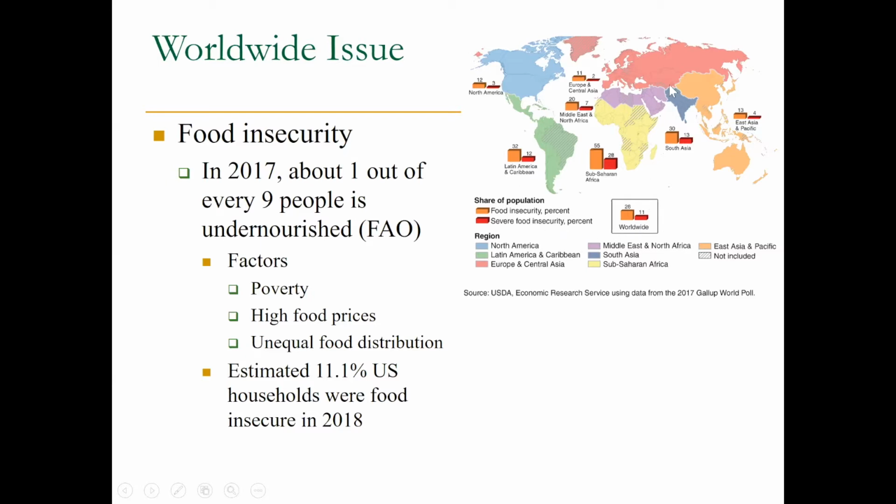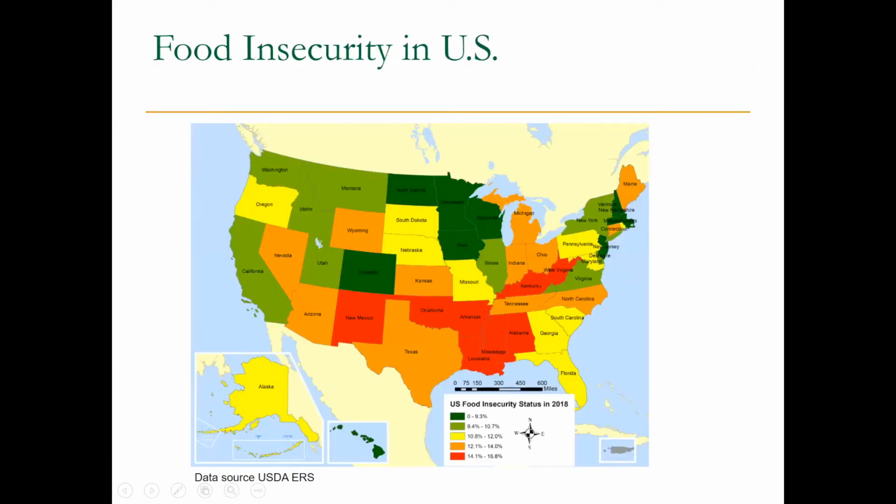Compared to some other countries or regions, you do see very, very high proportions of people who are food insecure. The worldwide rate is 26% of people food insecure, and 11% really severely food insecure.